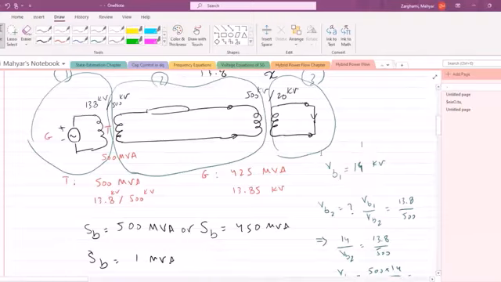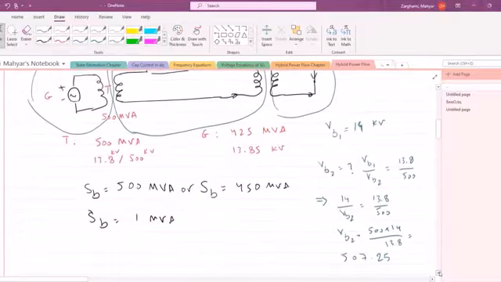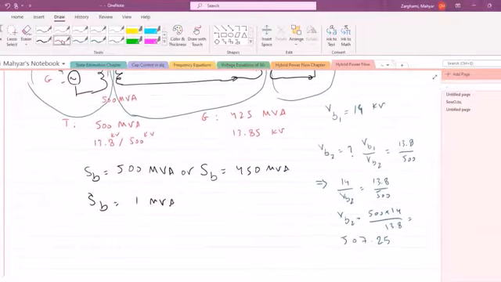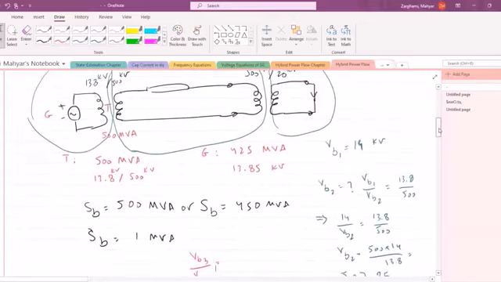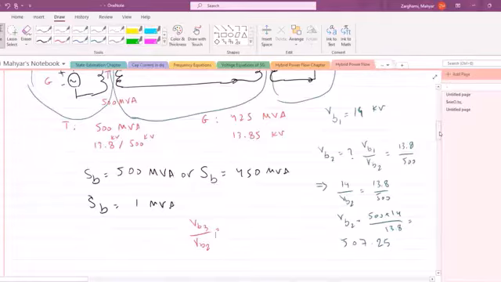Now, can you tell me the voltage base in zone 3? What should that be? Correct. Or the other way around, V base 3 over V base 2 should be the same as 20 over 500, right?